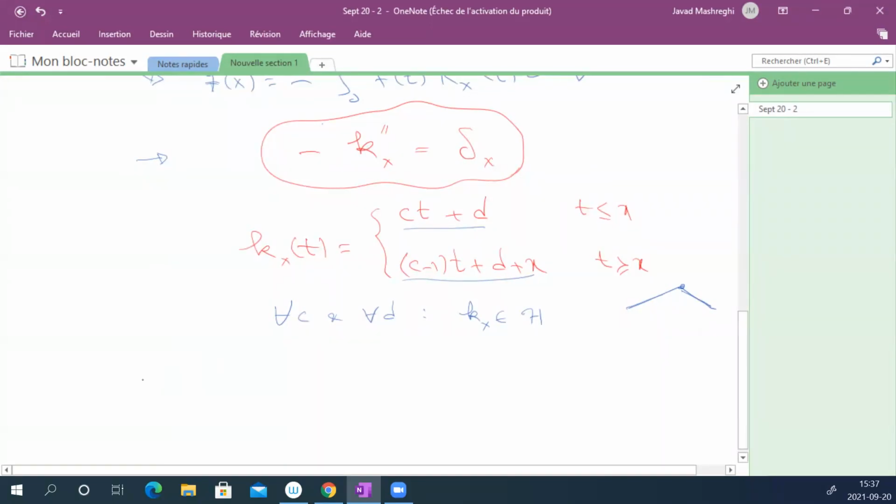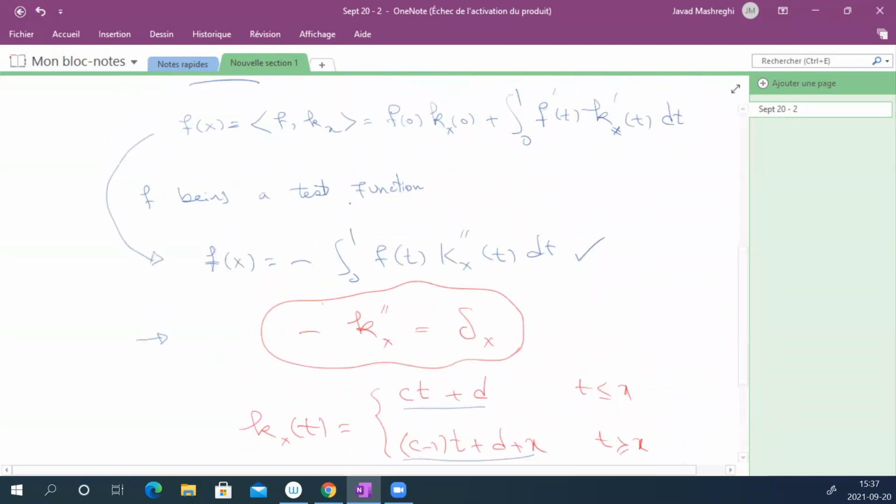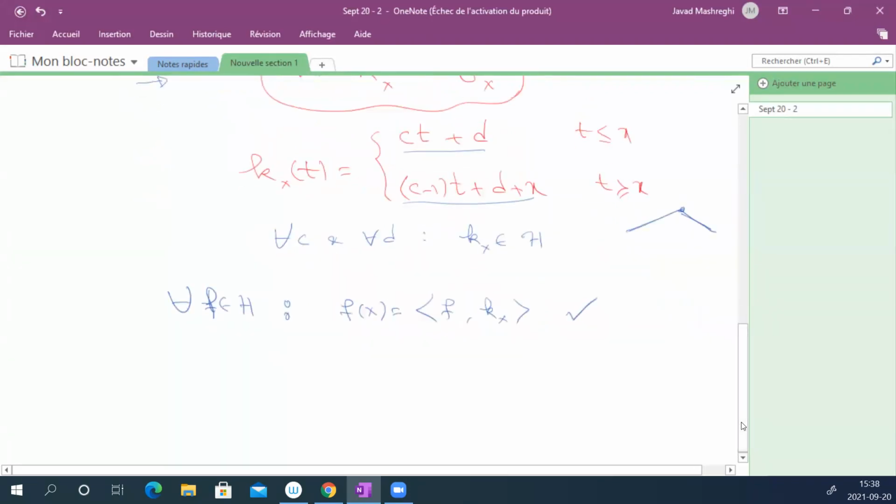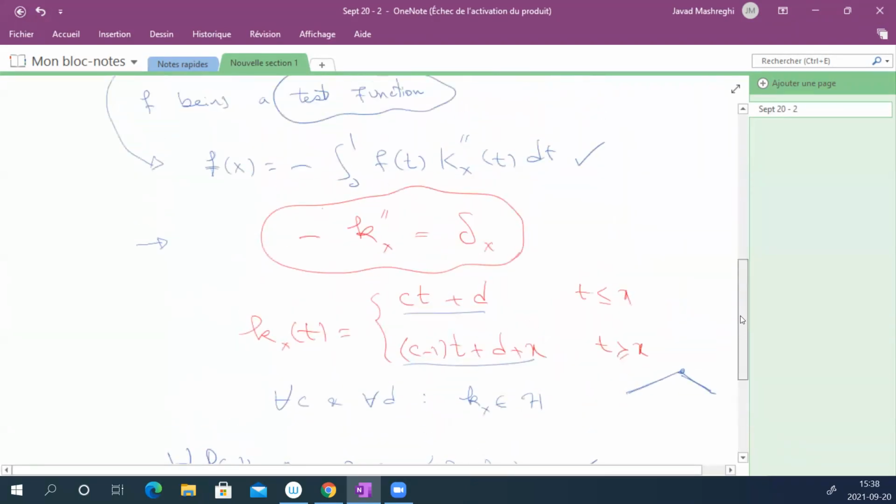What do we want? We want not just for the test functions that were used here, not just for these ones. We want for any f in H, we want f of x to be the inner product of f and k_x. We want this one. And now let's see what f inner product with k_x is by the definition.